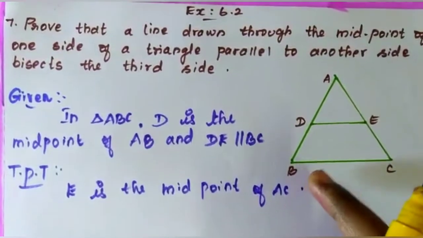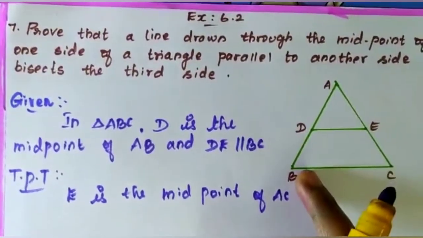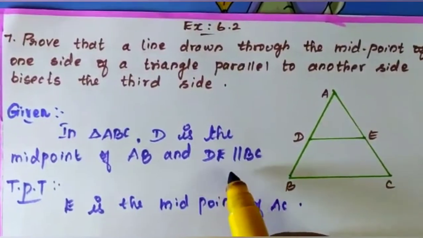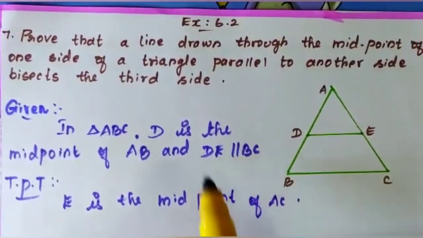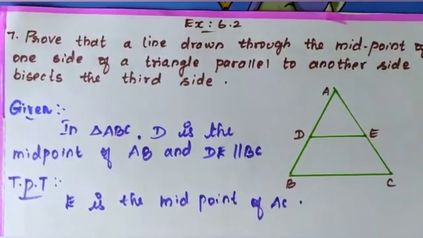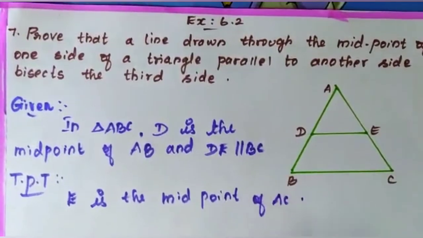First, I am going to take the triangle. In the given, they said that DE is parallel to BC.